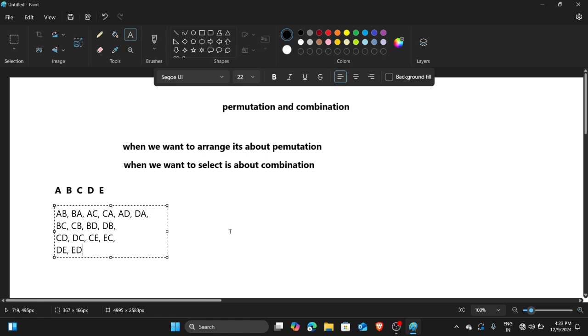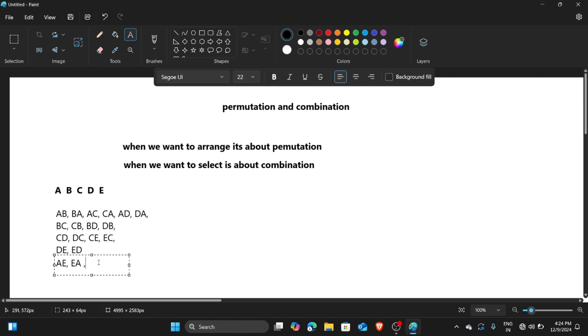Let me count: 1, 2, 3, 4, 5, 6, 7, 8, 9, 10, 11, 12, 13, 14, 16, 17. Something is missing. With A, I did not go through E, so AE and EA are missing.